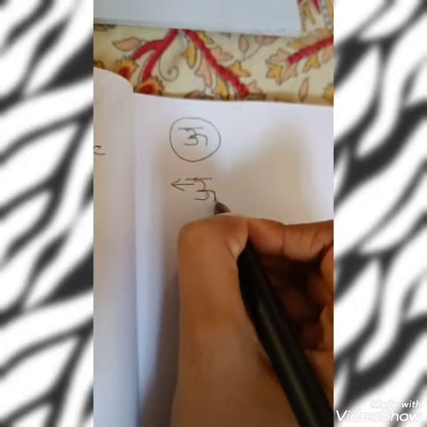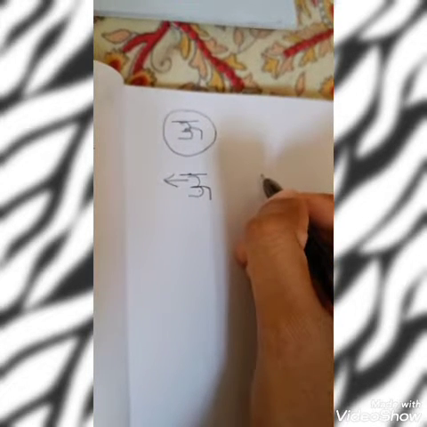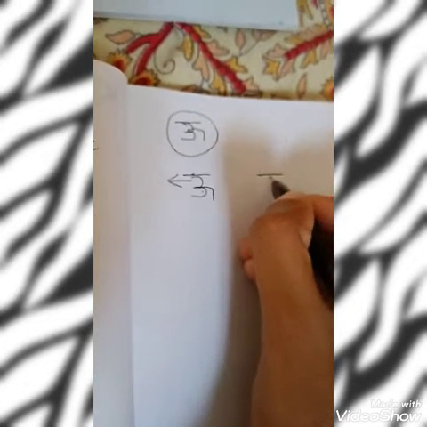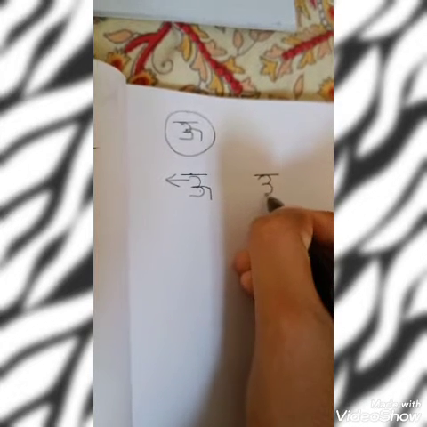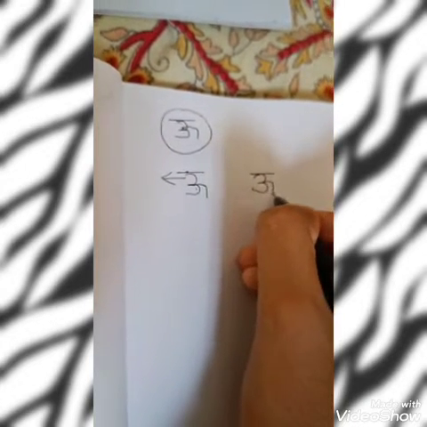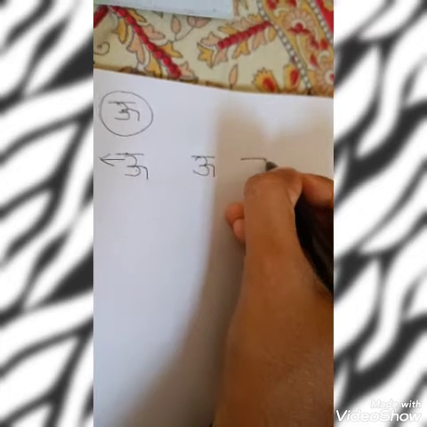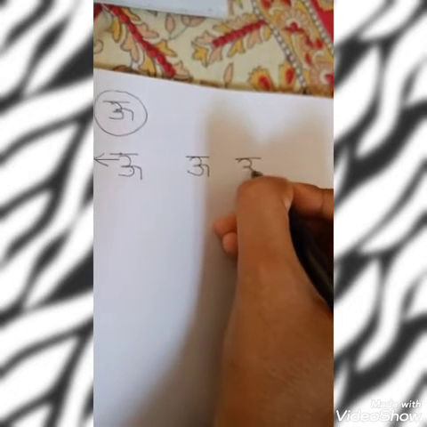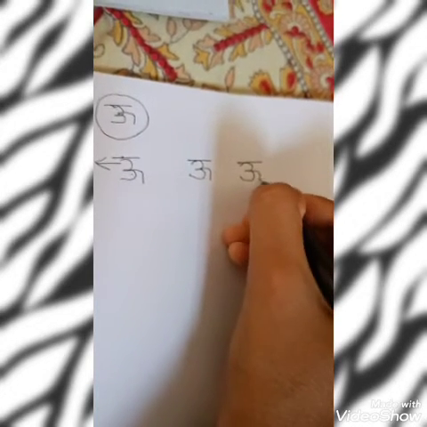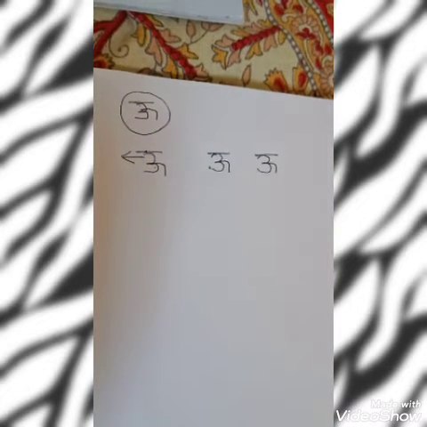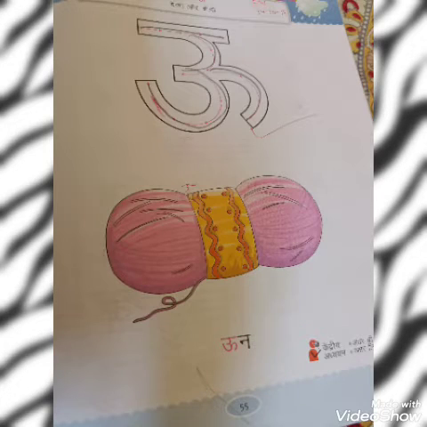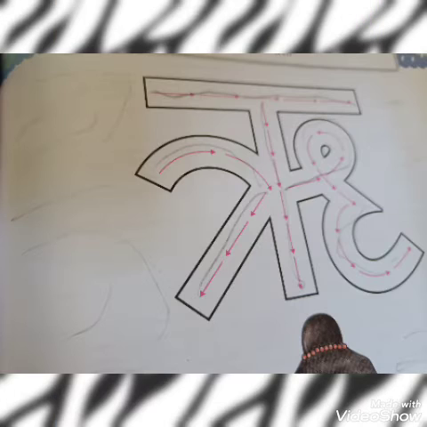In between that number 3, we will be getting a dark line, and from there we will be giving a downwards curve. That's it. It will be forming as oo. Oo say oon.